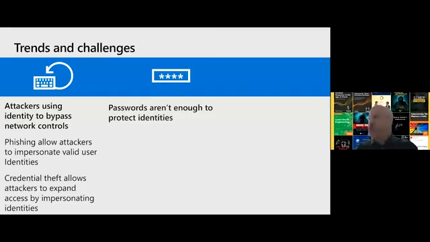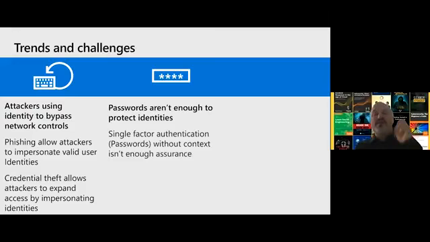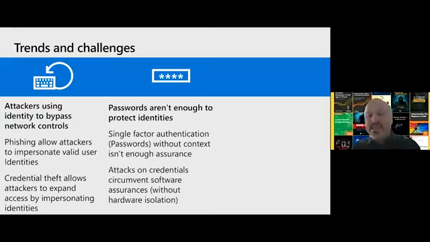Passwords: we all know passwords aren't enough to protect identities, regardless of how complex they are. So having single-factor authentication, which is a password, is not the right thing. You also need MFA, so that even if attackers steal your passwords, your MFA can protect you.